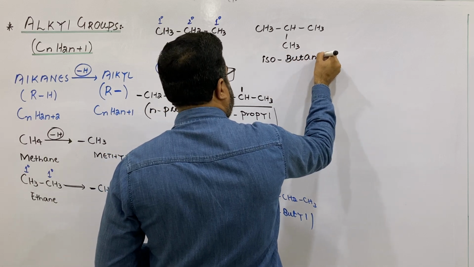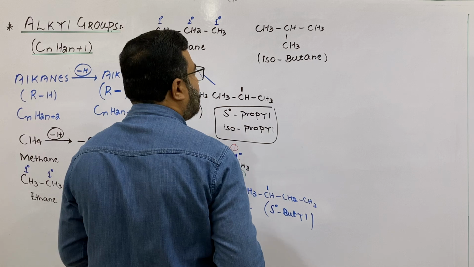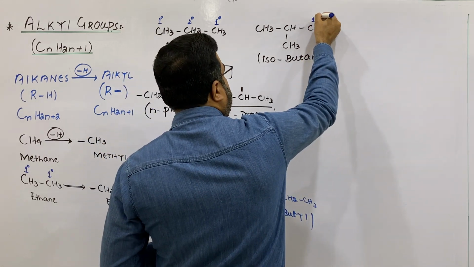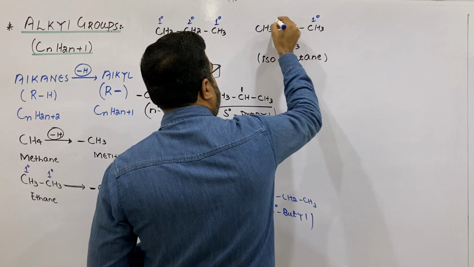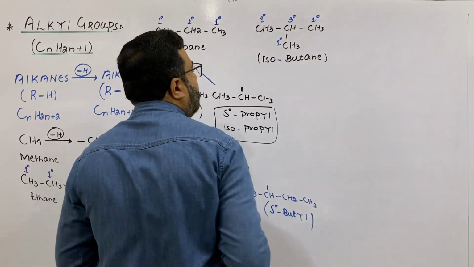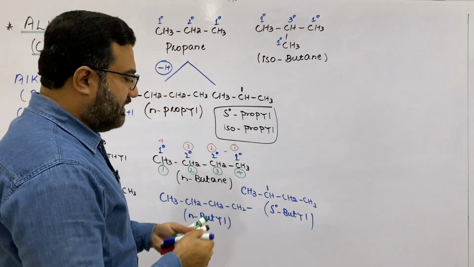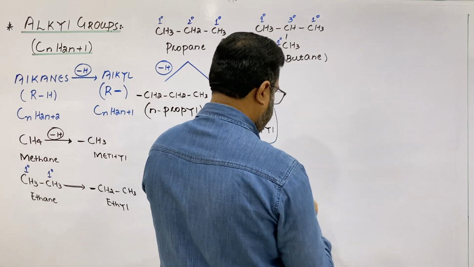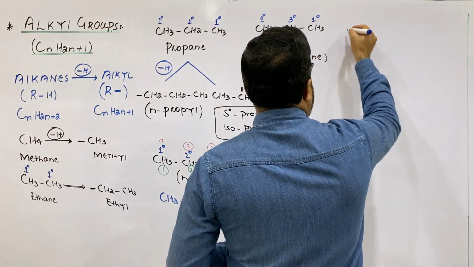isobutane. How many types of carbon this isobutane has? It has three 1-degree carbons directly attached to only one carbon, and one 3-degree carbon which is directly attached to the three carbon atoms. It means isobutane will also be giving us the two alkyl groups.